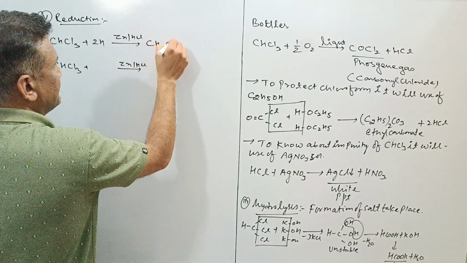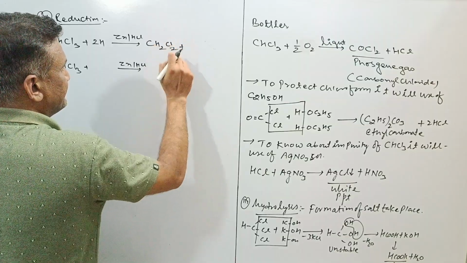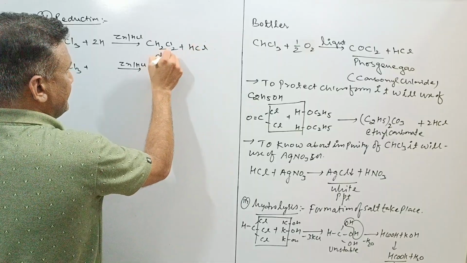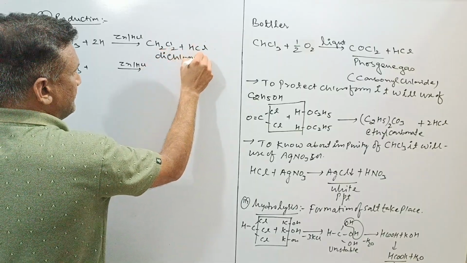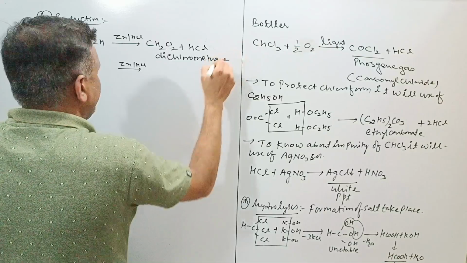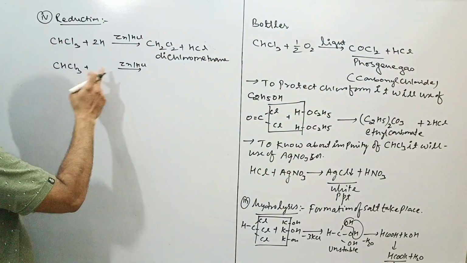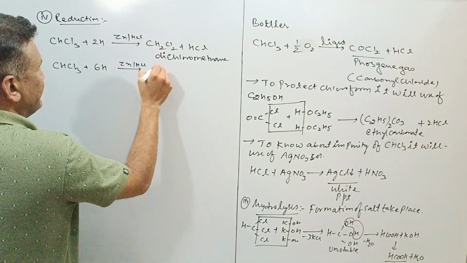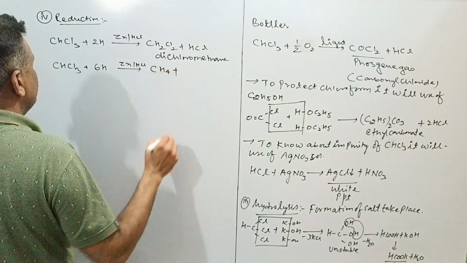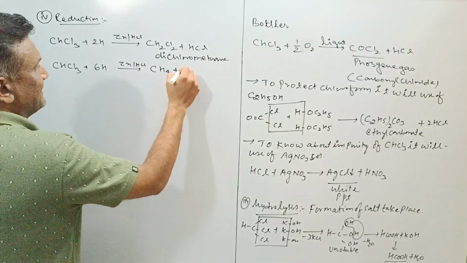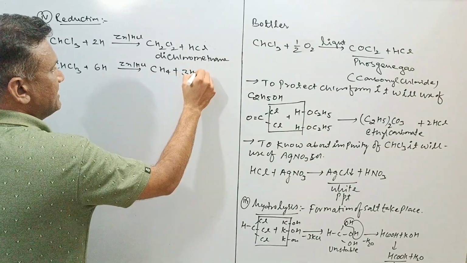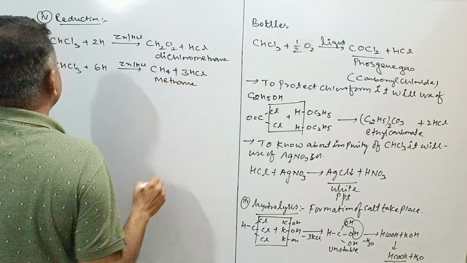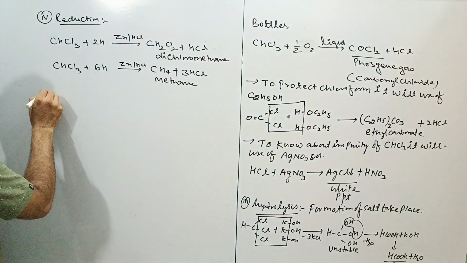Here will be formation of CH2Cl2 plus HCl, dichloromethane. And if you go with just Zn and HCl, then here will be use of 6 of H plus. So here will be formation of CH4 plus 3 of HCl, and formation of methane takes place. This is the fourth property.